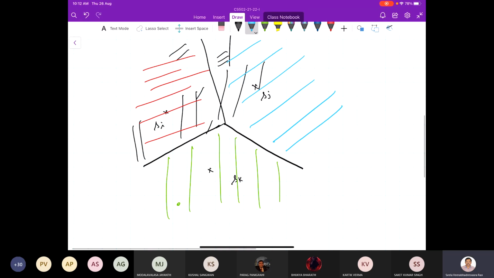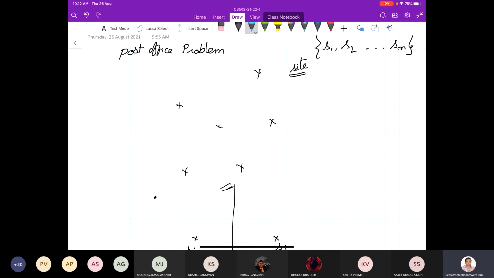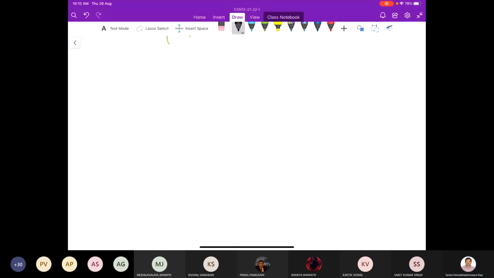Now let's take the first example that you have taken here. Maybe you can redraw it once again. So we have some sites. Now, how does the Voronoi diagram look?